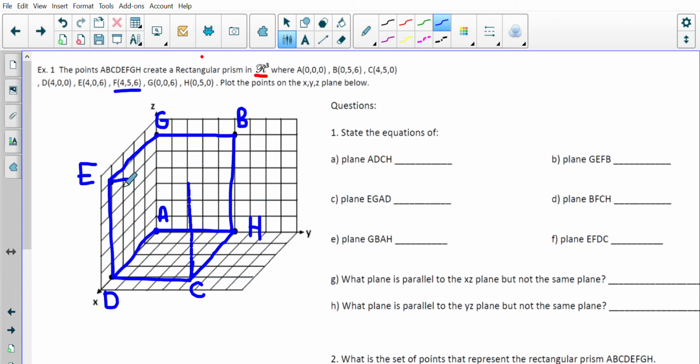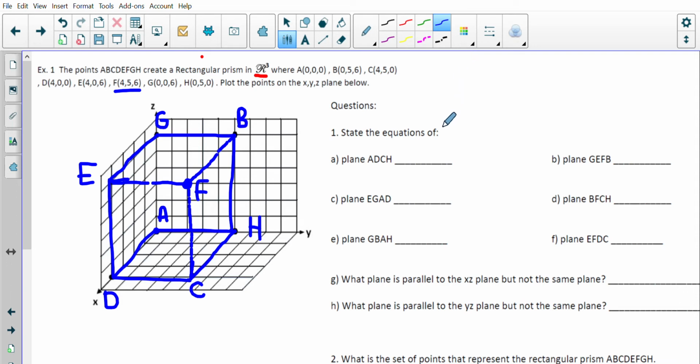Let's see, go across, because whoops, they got to be nice and straight. There we go. And so right on this corner here, which is point F, 4, 5, 6, 4 out, 5 to the right, and then up 6, there's our point F, which again is point 4, 5, 6.